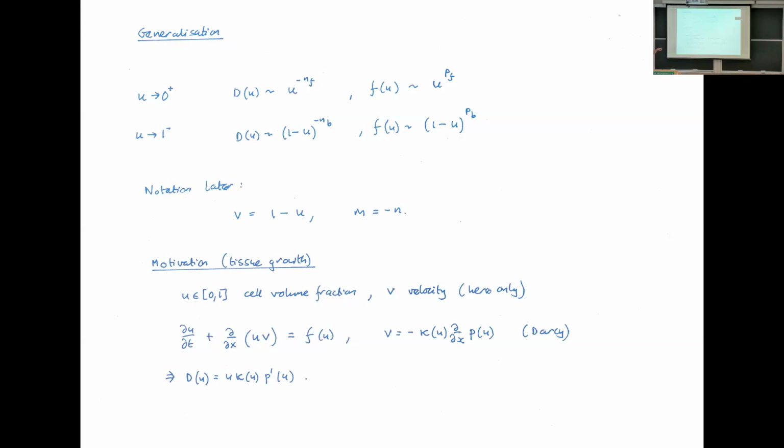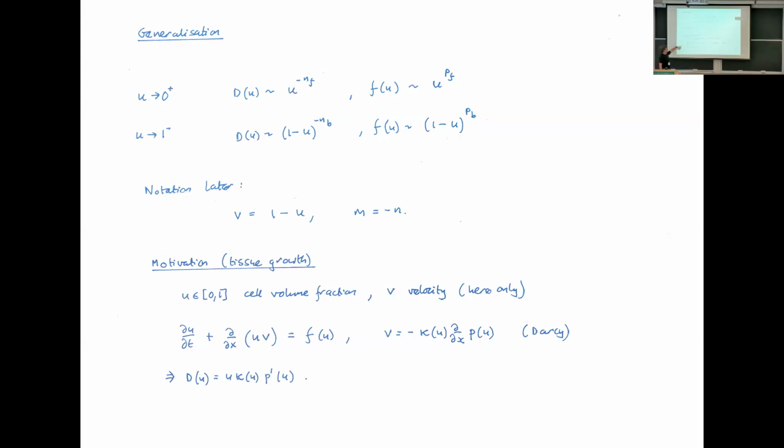And I want to be explicit in seeing which case we're dealing with. So M is minus N. And wherever an M or an N appears, those will be positive. V is 1 minus U. So if you're thinking about the behavior local to the wave back rather than the wave front, you want to deal with V rather than U.